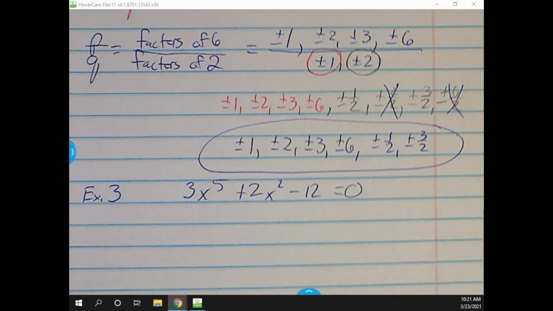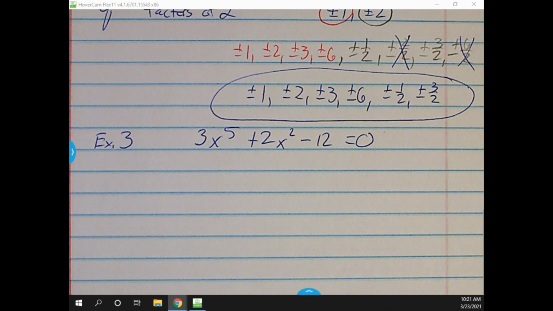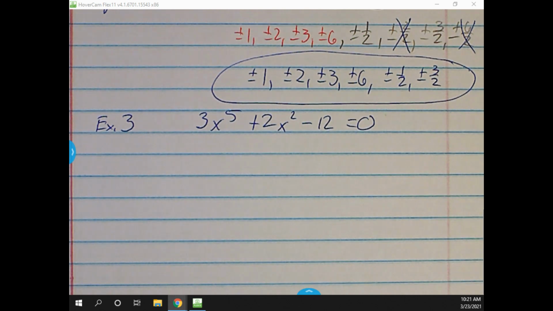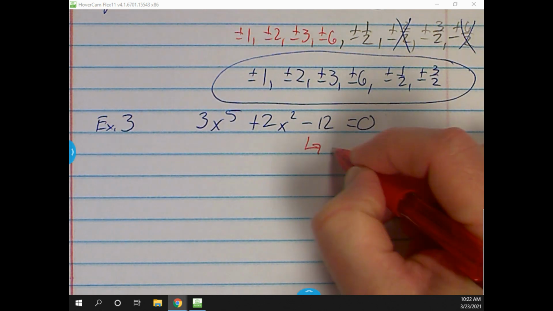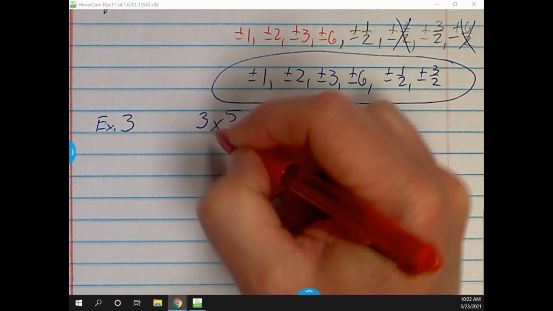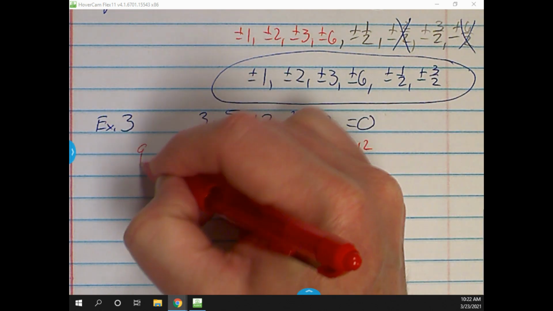All right, so we'll go 3x to the 5th plus 2x squared minus 12 equals 0. All right, so if we go P over Q, our P is negative 12, and our Q is 3.